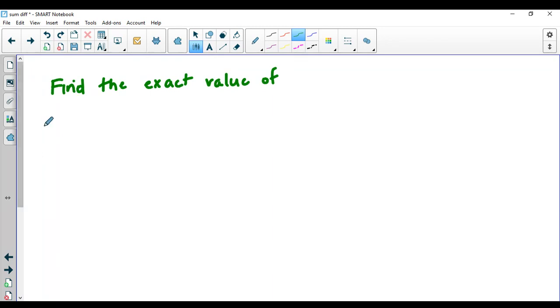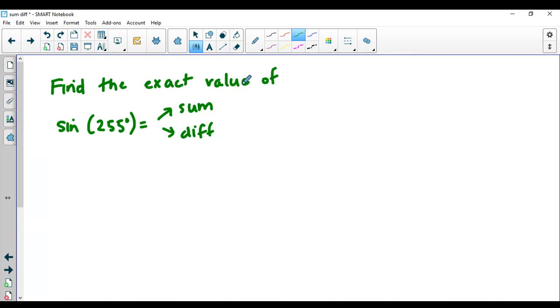Okay, so I'll do sine of 255 degrees. So you can decide if you want to express it as a sum or as a difference. Okay, so I just wanted to show you 255 as a sum.